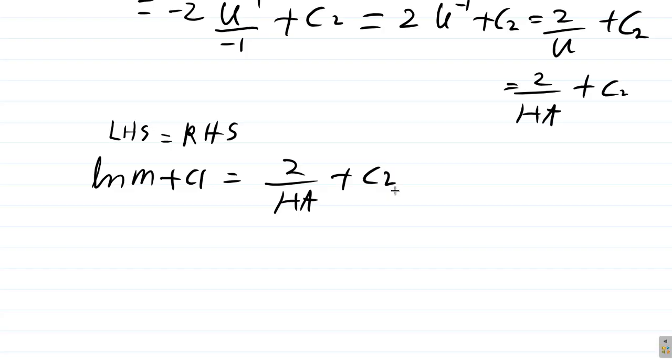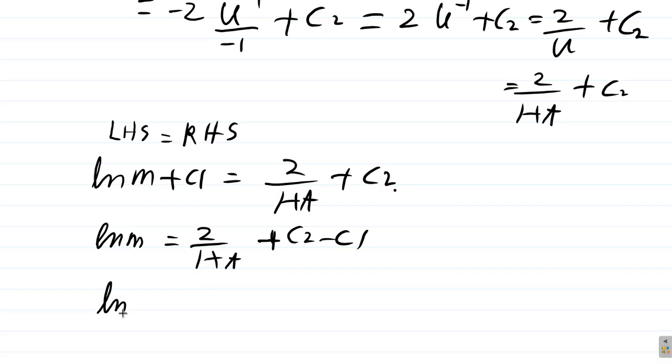Now, suppose I subtract c1 from both sides. Then I have ln m equals 2 over 1 plus t plus c2 minus c1. Now the c2 minus c1 is a constant that we don't know minus a constant that we don't know, which will give us another constant that we still don't know.